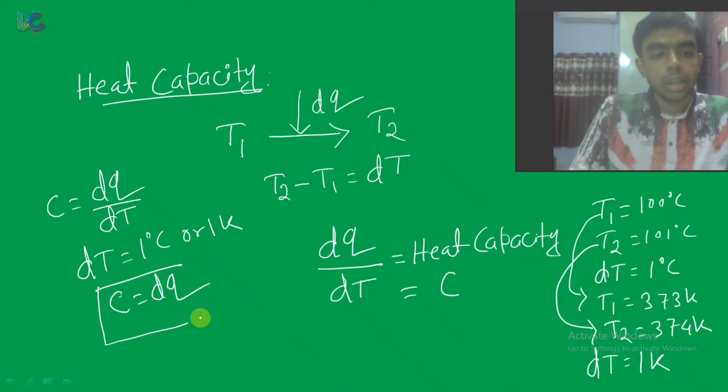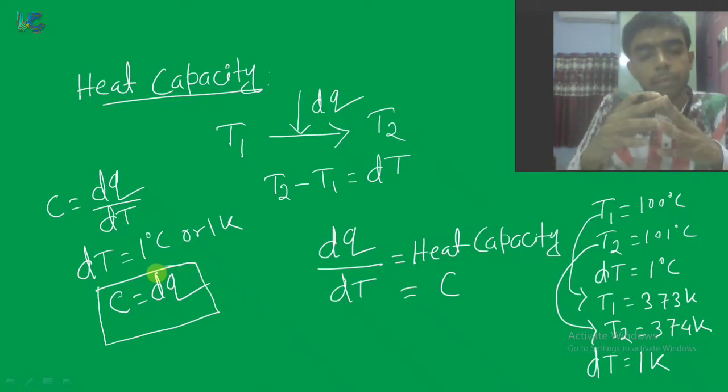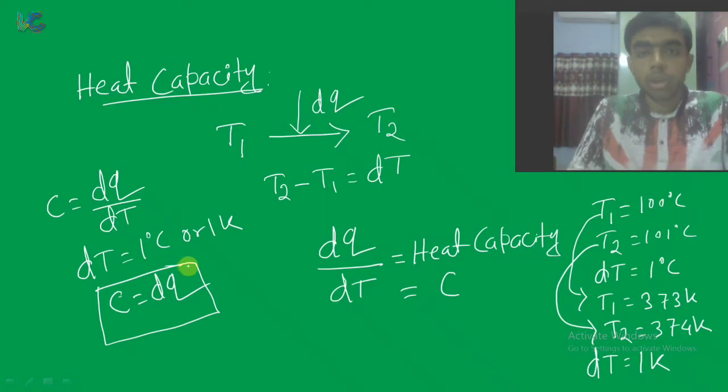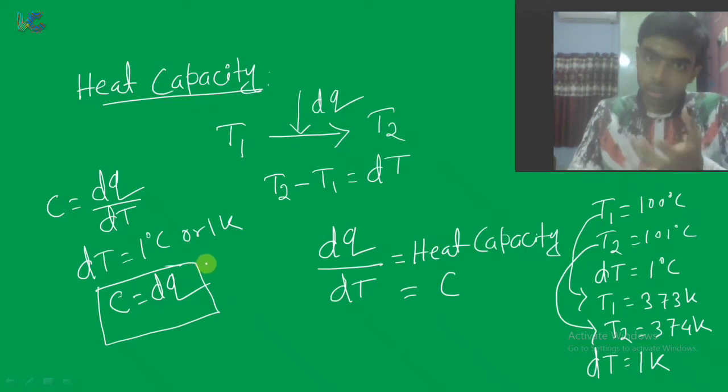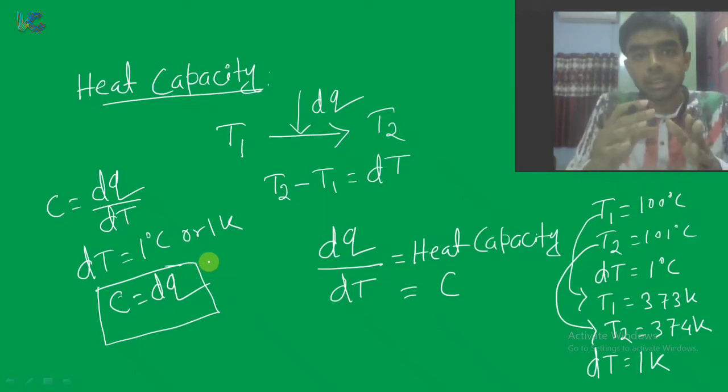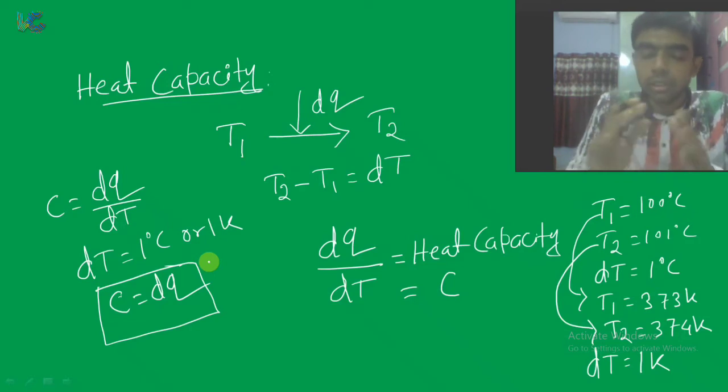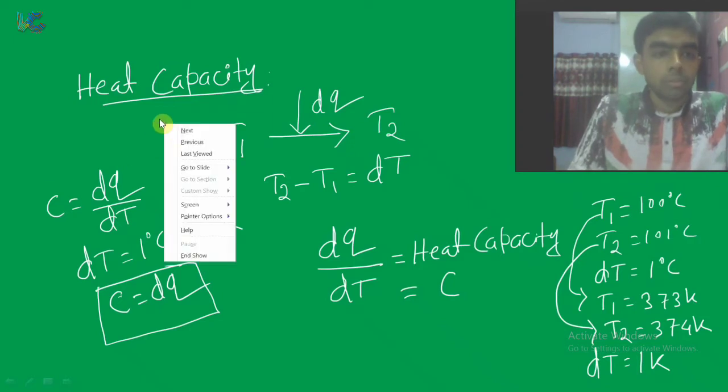That means another definition of heat capacity can be given like this: if you want to raise the temperature of a system, of a substance, by 1 degree centigrade or 1 Kelvin, then the heat required for it is known as heat capacity. So this is heat and heat capacity.